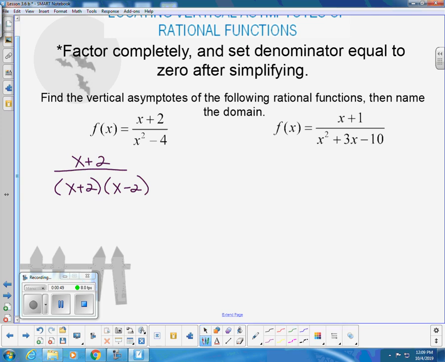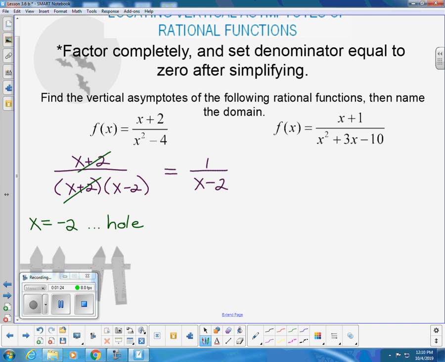When you can cancel a factor, remember x still cannot equal negative 2. So when x equals negative 2, it creates a hole in the graph. This is not a vertical asymptote. It creates a hole in the graph. After I cancel it, it simplifies to 1 over x minus 2.